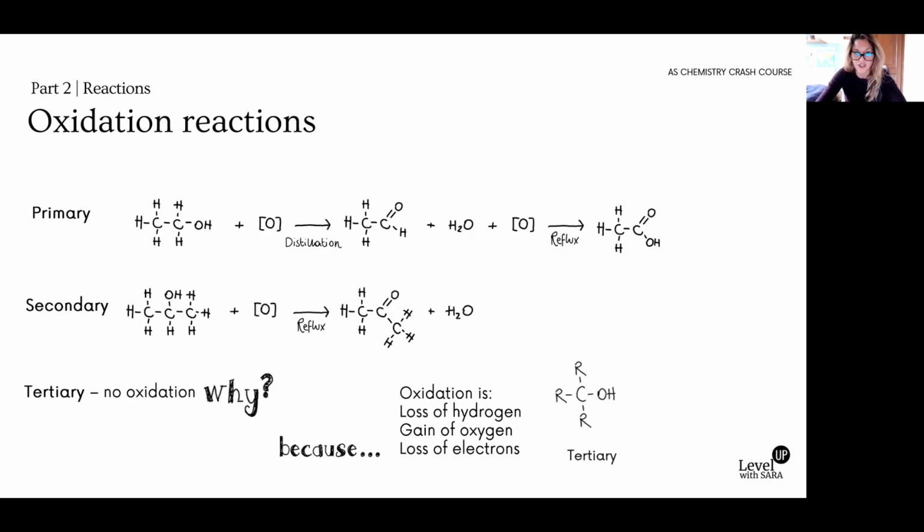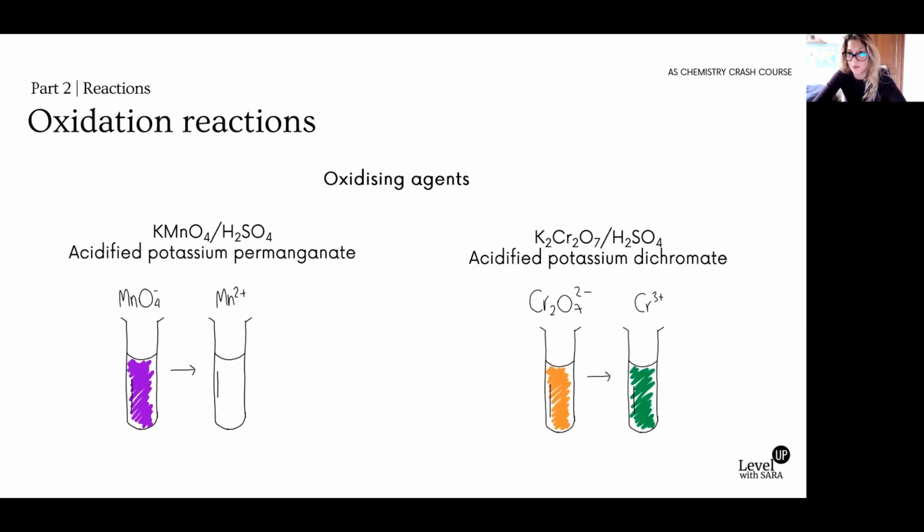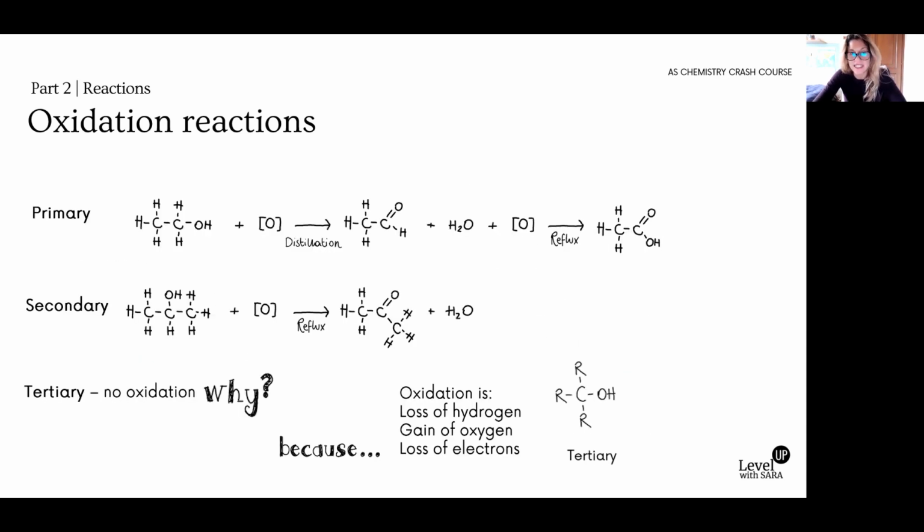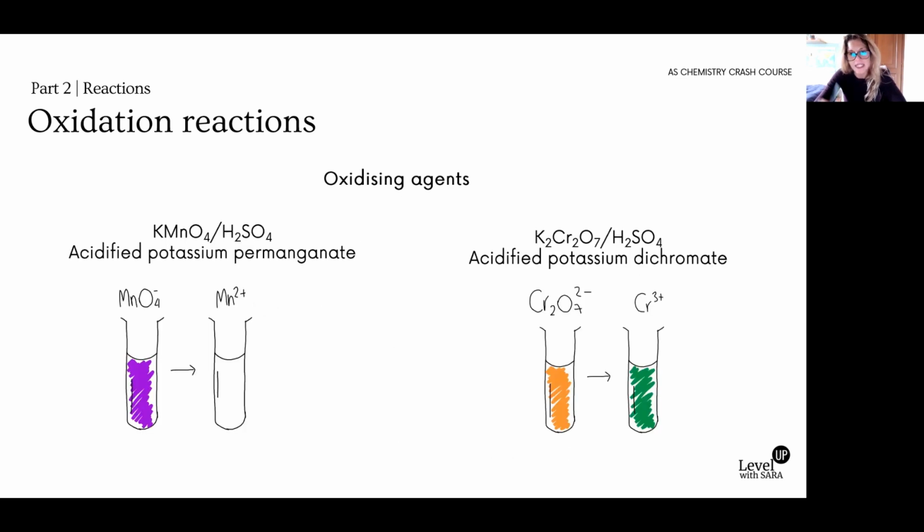Tertiary alcohol wouldn't react, as we said, it doesn't get oxidized, so there wouldn't be a change in color, while primary and secondary would react. It's important to notice that, because there would be a whole topic on organic analysis, and very often the reagents are also test tube reactions for some functional group.